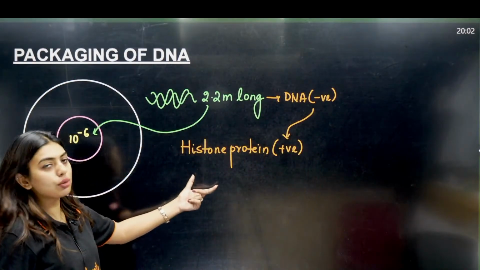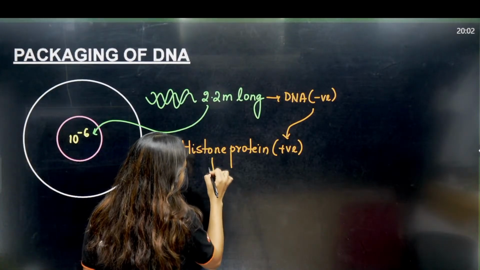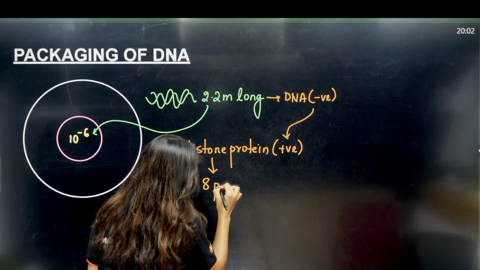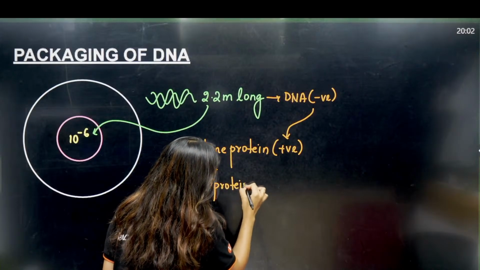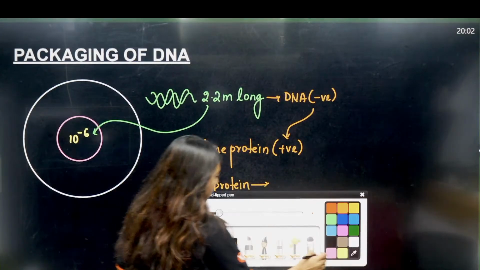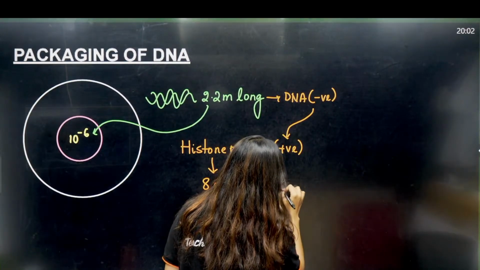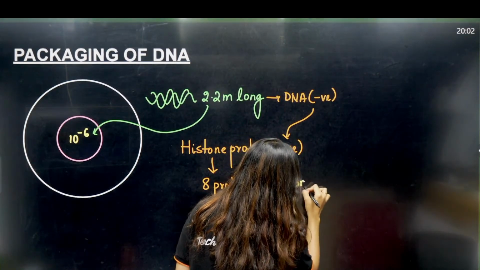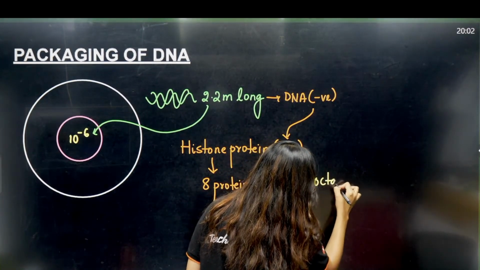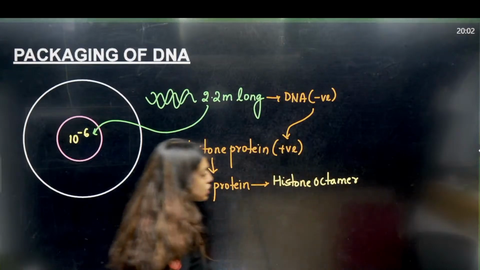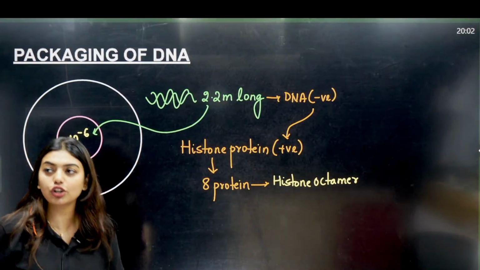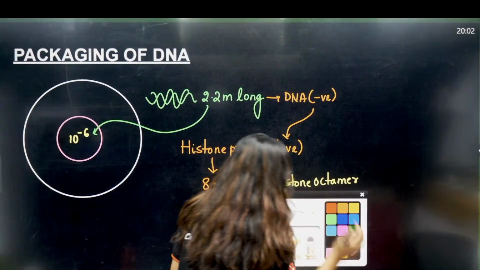So, these histone proteins are going to make a structure that has 8 proteins, and we will call this the histone octamer. Around this histone octamer, I am going to wind my DNA.